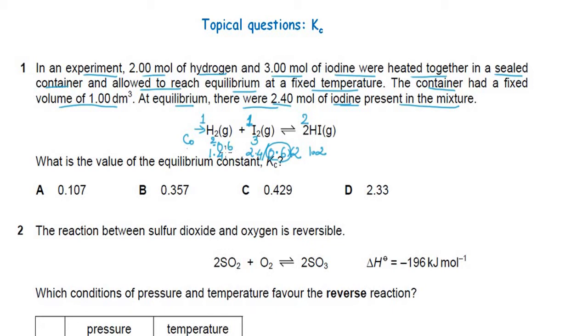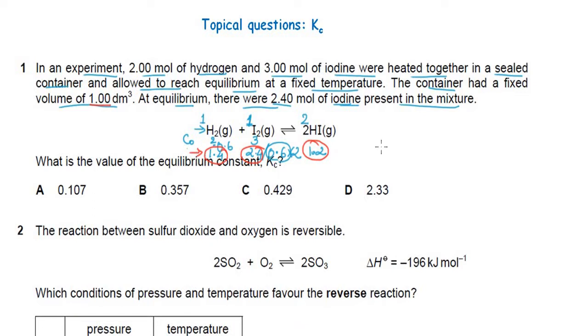So the moles of hydrogen at equilibrium is 1.4 moles, moles of iodine at equilibrium is 2.4 moles and hydrogen iodide is 1.2 moles. Now we know that the volume is just 1 dm cube, so moles divided by volume is just going to give us the same answer as moles.